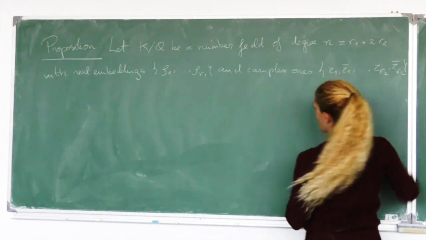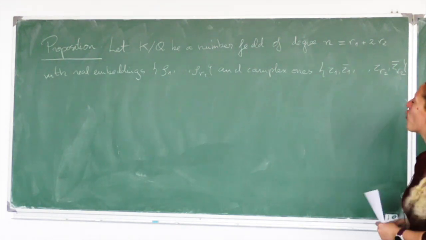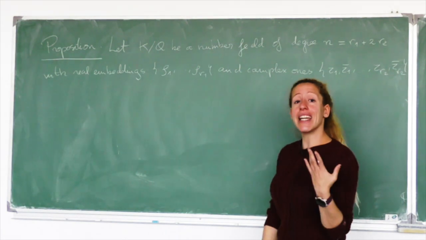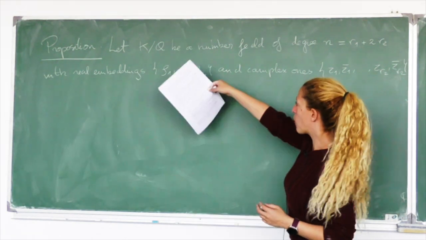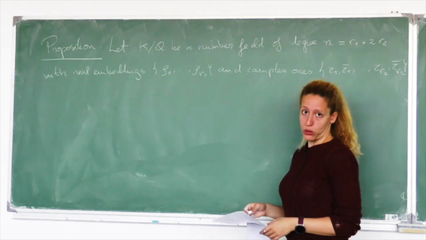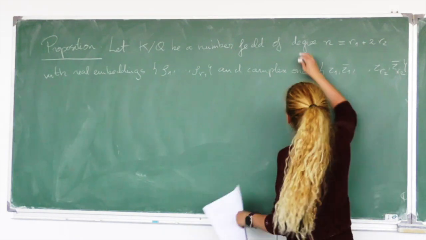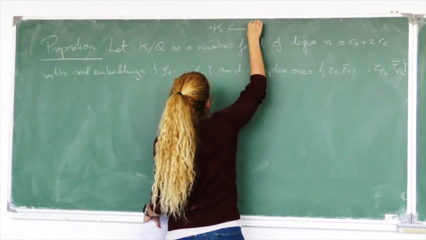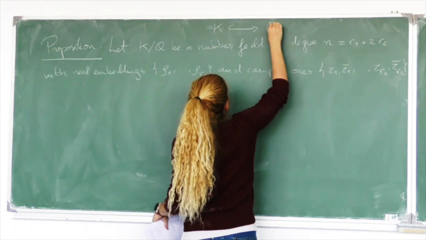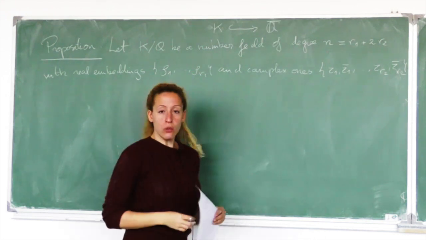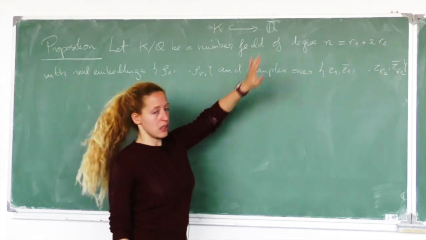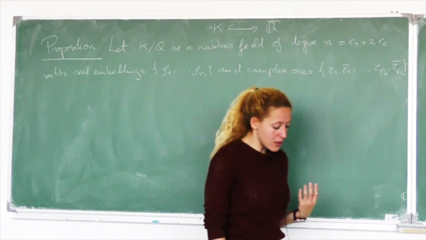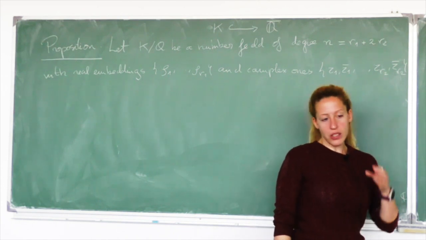So I go back now to the notation. What is happening? If I have a number field of degree n, then I have n embeddings of K into the algebraic closure of Q. If you want to think about an example, you can think, for instance, of Q(i), the rationals with i, the square root of -1, added.